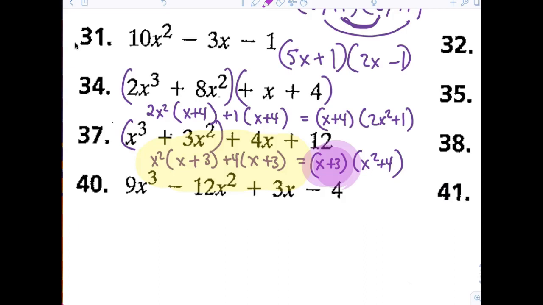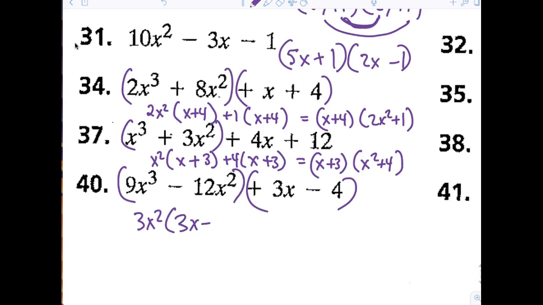All right, so let's go ahead and try 40. Last one today. All right. Factor by grouping. Tell me. 3x squared. Good job, kiddo. 3x minus 3x minus 4. What's common? Very good.